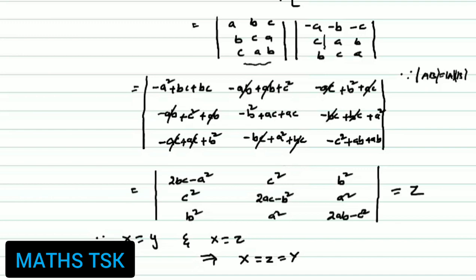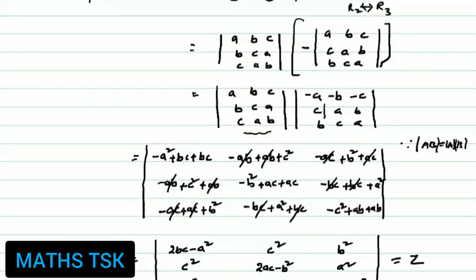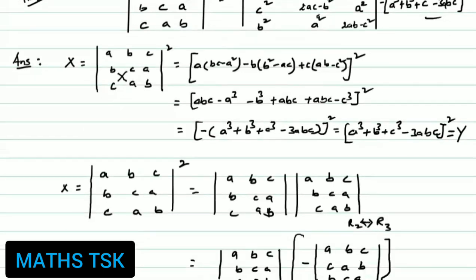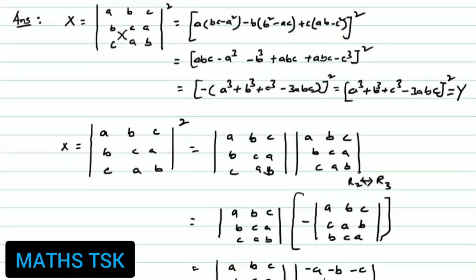Look here, move to the first one. Initially the problem is like this: ABC, BCA, CAB whole square. I have taken this as X, and I put this as Y. Next again taken X, and det A square is taken as det A into det A, that is det of A into A. In one of the det A, two rows are interchanged, so that I get minus.